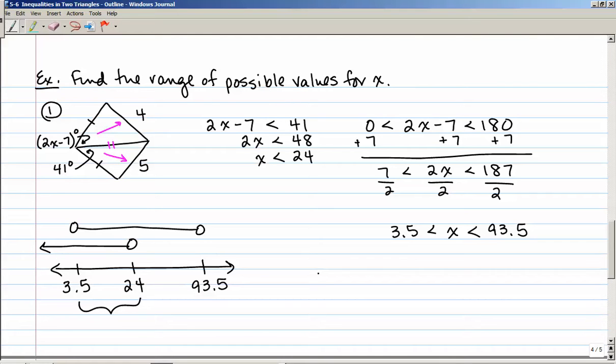So x can be any number that's between 3.5 and 24. x cannot be any number that's less than 3.5. Well, let's look at that. If x is equal to 3.5 or less than 3.5, then the measure of this angle is going to be 0 or less. And it can't be any greater than 24.